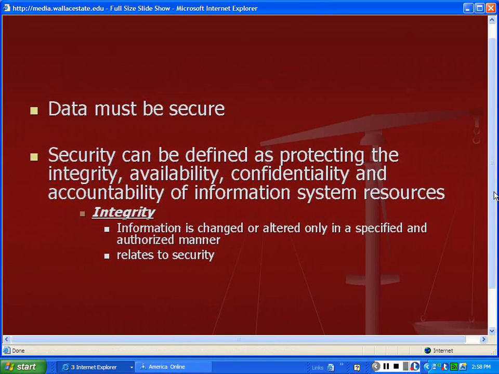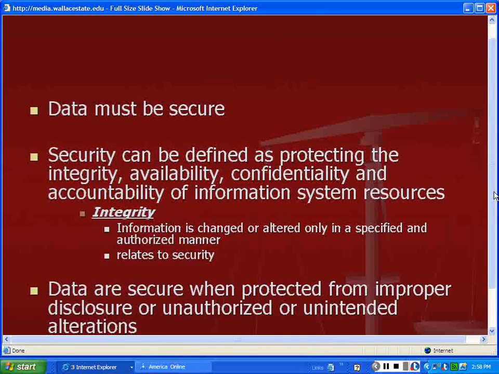So meaning what I said a minute ago, if something's put in and is part of an electronic health record, that data doesn't change, that it's in there, and that it can't be altered by an individual or by a mistake in a system or a computer, those types of things. So that's what integrity is. The data are secure when protected from improper disclosure or unauthorized or unintended alterations.